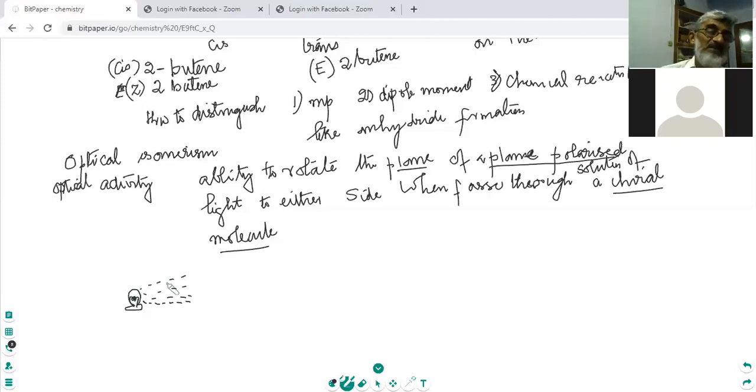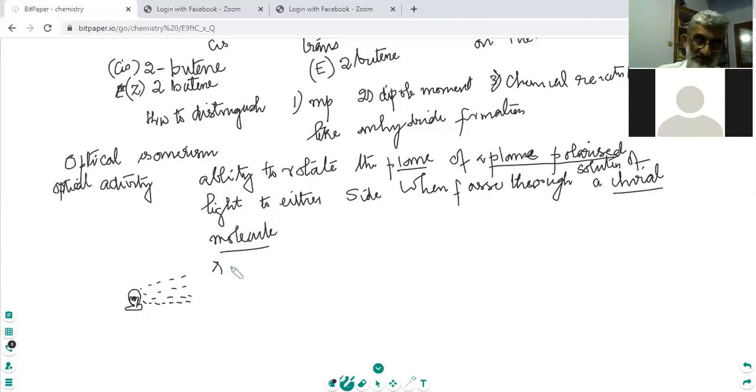So what is white light? It's a mixture of all possible waves with lambda equals 400 to 700 nanometers. What are the possible wavelengths?